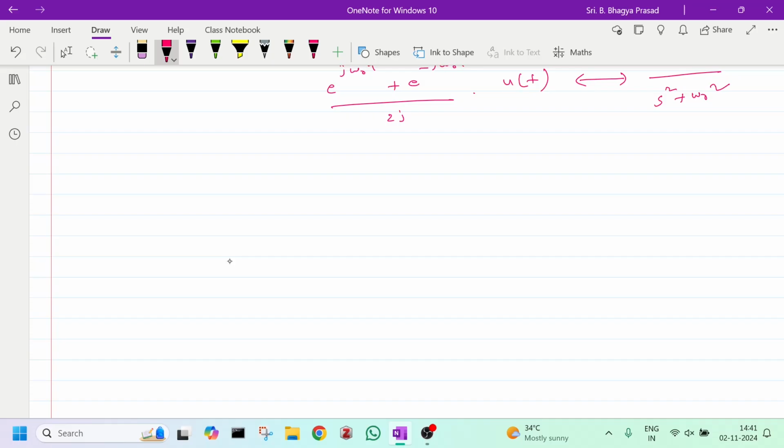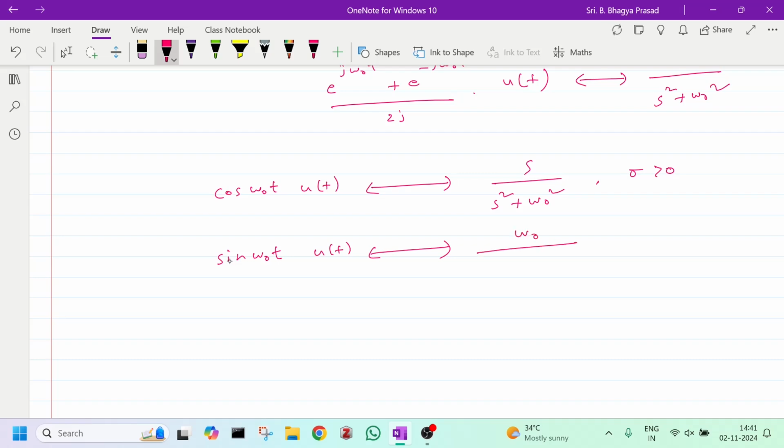That is cos omega naught t u of t. The Laplace transform is s by s square plus omega naught square, sigma greater than 0. Sin omega naught t u of t, the Laplace transform is omega naught by s square plus omega naught square.